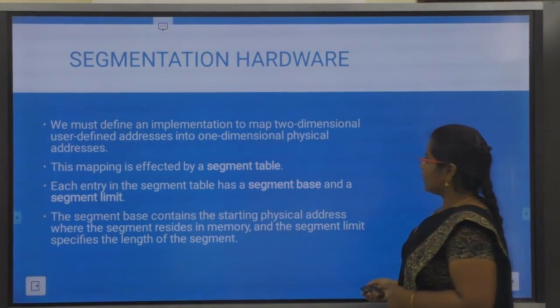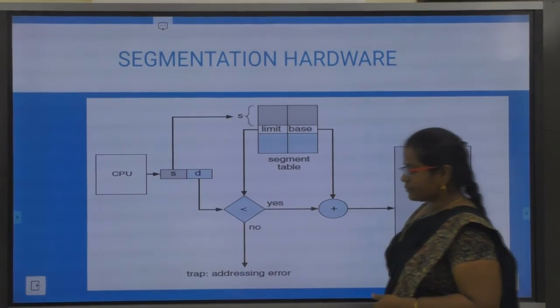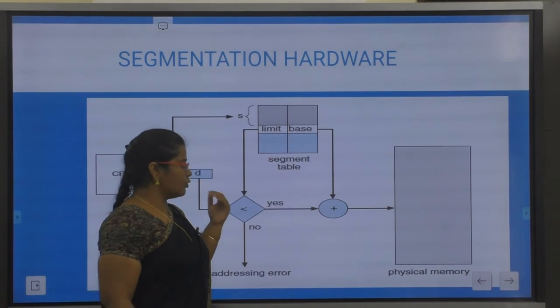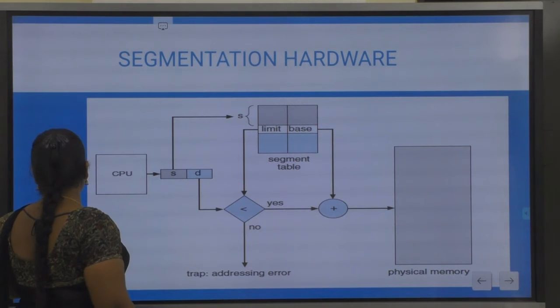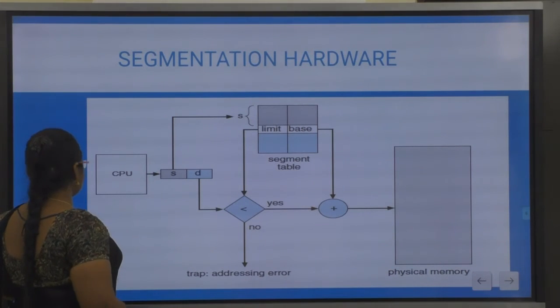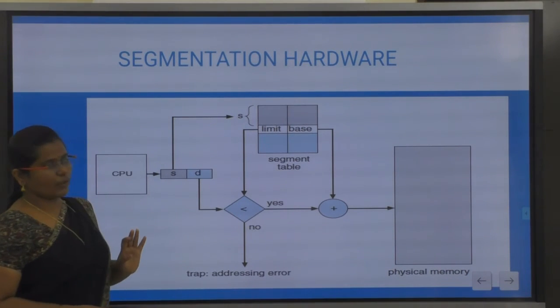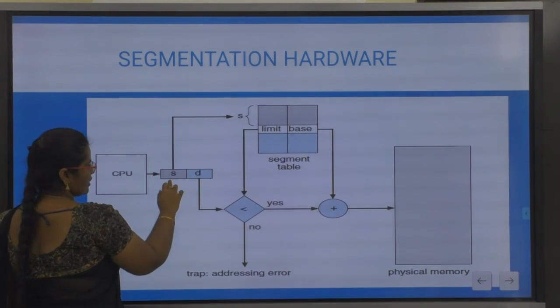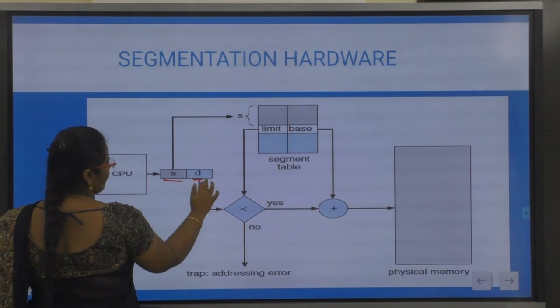Okay, so now let us go with the diagram. In this diagram, you can observe how this two-dimensional CPU generated logical address is converted to a physical address. The CPU address consists of two parts, segment number and the offset.